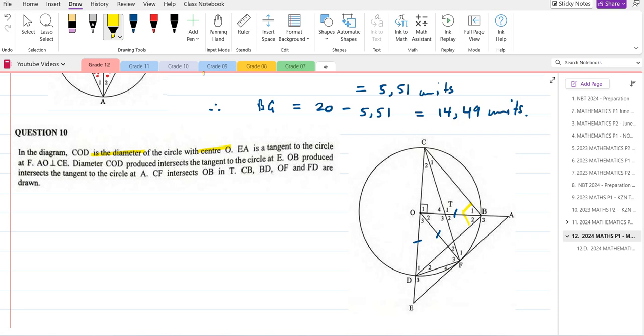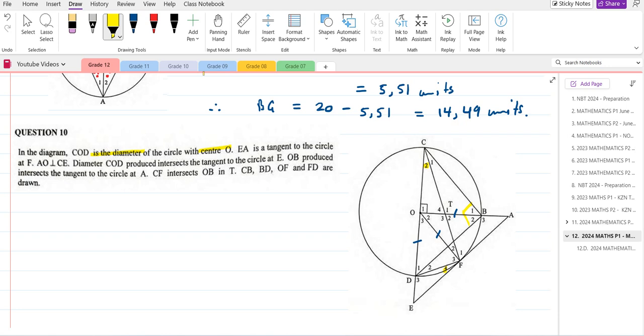EA is a tangent. So remember, angle F4 will now be equal to angle C2, because tan chord theorem. And angle C2, look at the center. Angle at center equals twice angle at circumference. Angle O3 will be twice angle C2. Right.